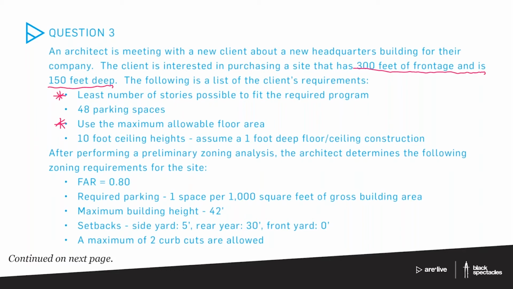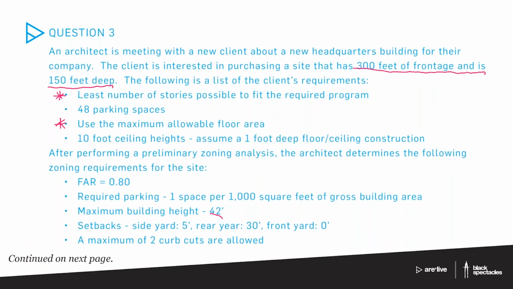If you skip ahead here a little bit, the maximum height of the building is listed at 42 feet down here, just reading ahead a little bit. And our answer choices are between 2 stories or 3 stories. Those are the only 2 options. So even the tallest building that we could answer would be 3 stories with 10-foot ceiling heights plus 1 foot on each ceiling for 11 feet total.